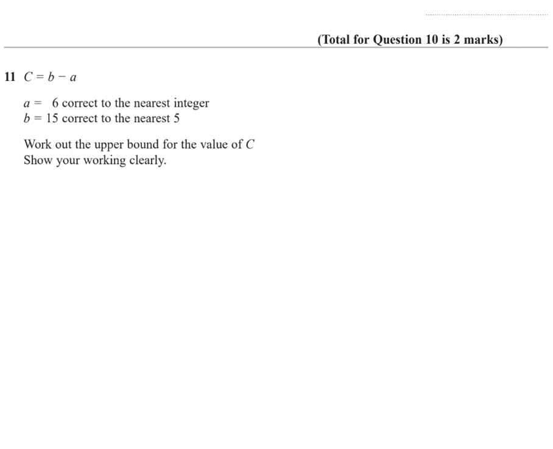So C is B minus A. A is correct to the nearest integer. So if we have this on a number line, let's write down the integers. So it's 6 correct to the nearest integer.